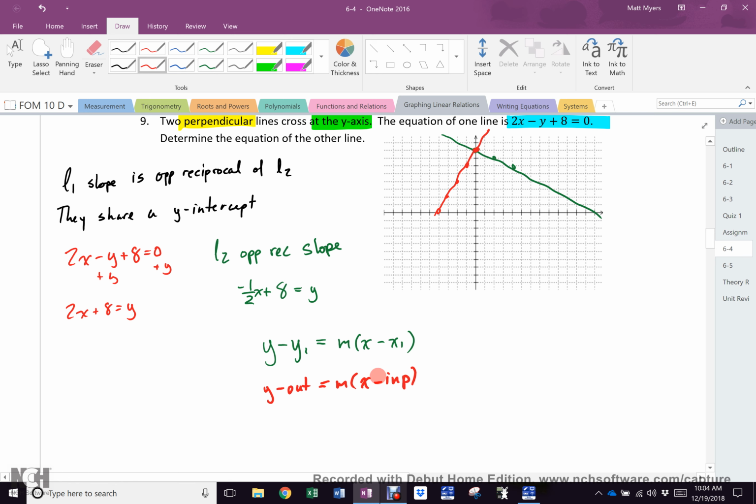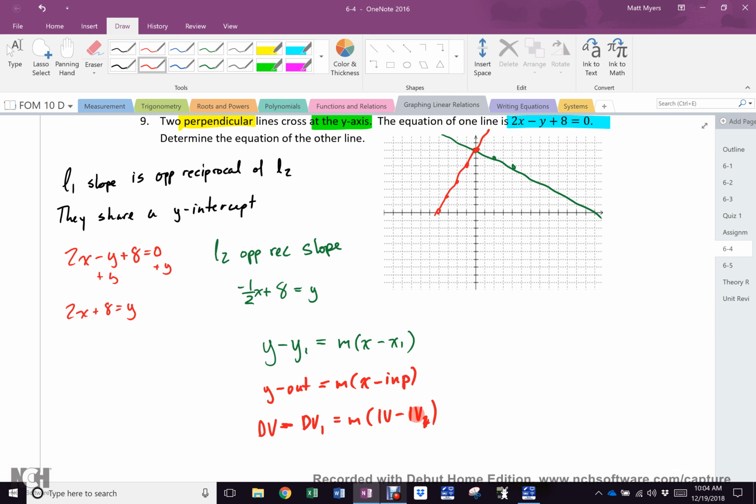Output and input, we know those. Could I also read it as dependent variable minus dependent variable equals m times IV minus IV1, right? Because if I'm not using x and y, if I'm doing something in real life, I'm not going to use x and y, am I?